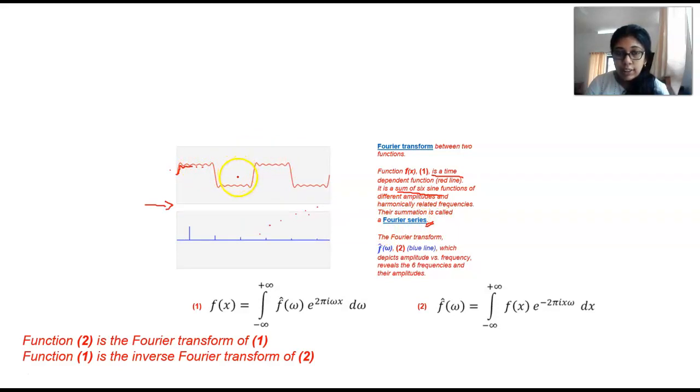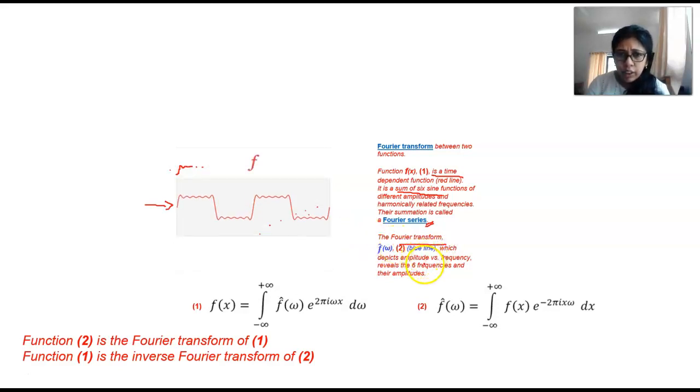This is the Fourier series, and this one is the function that you obtain by doing the Fourier transformation, and it gives you an idea of how the amplitude varies with frequency. So we are converting the time dependent periodic function to a frequency dependent domain. That is what we are doing during a Fourier transformation.